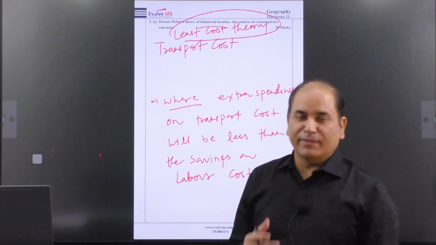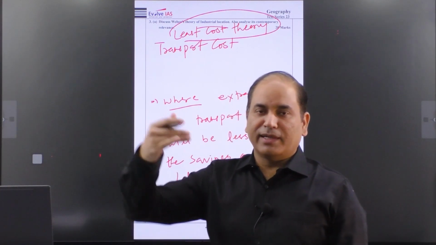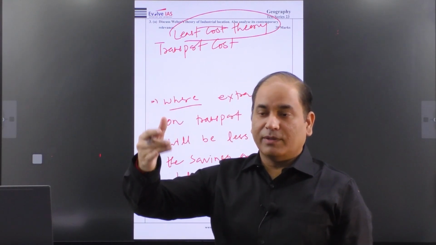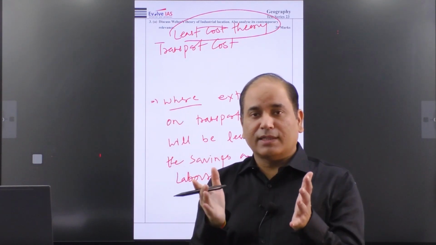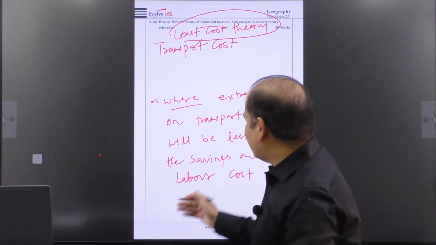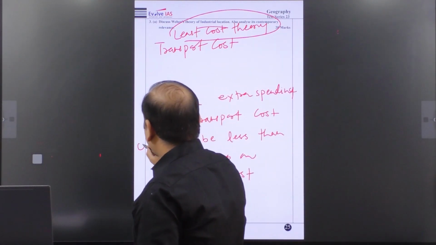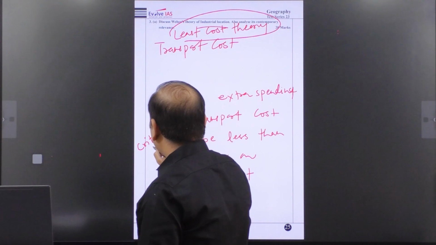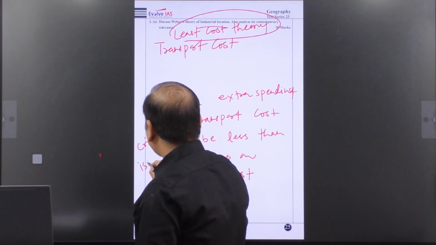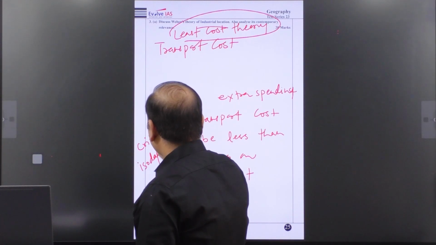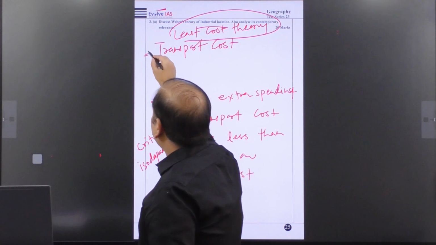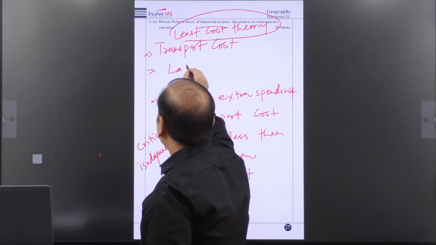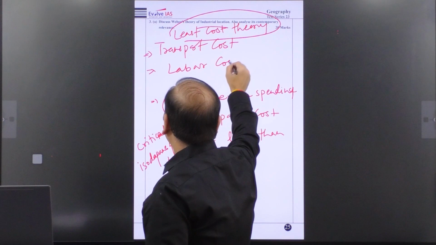So there exist some areas where extra spending on the transport cost will be lesser than the savings on the labor cost. So overall the cost of production will go down. So these areas have been referred to by Weber as critical isodapane. Critical isodapane.